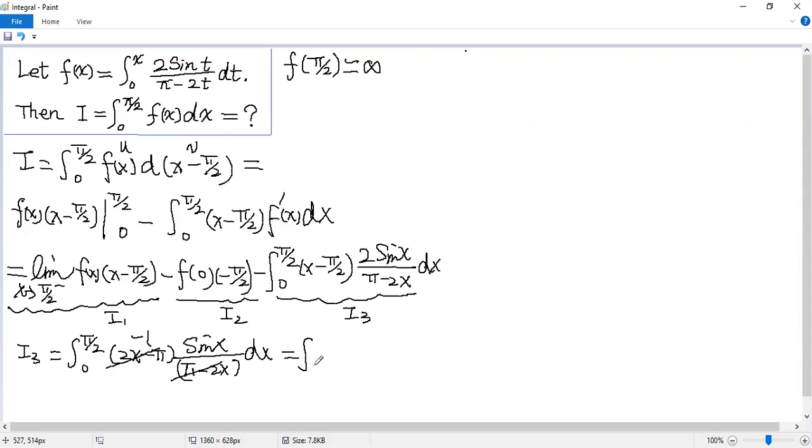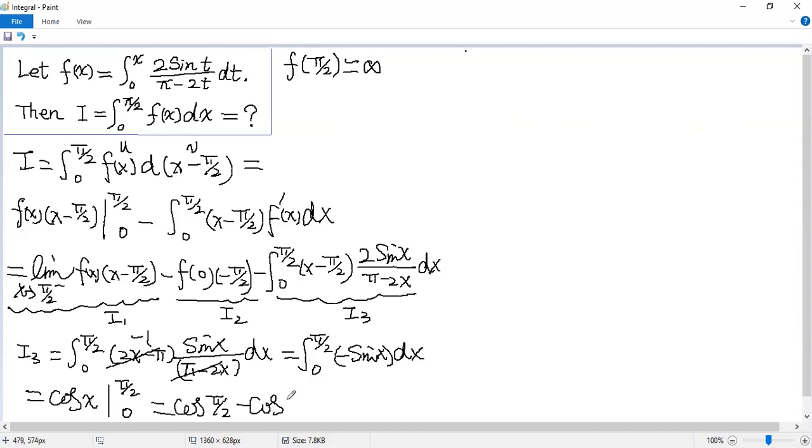So we get the integral from 0 to pi over 2 of negative sin x dx. We know the antiderivative of this one equals cosine. So we get cosine with upper limit pi over 2 and lower limit 0: cosine pi over 2 minus cosine 0. So we get 0 minus 1, which equals negative 1.